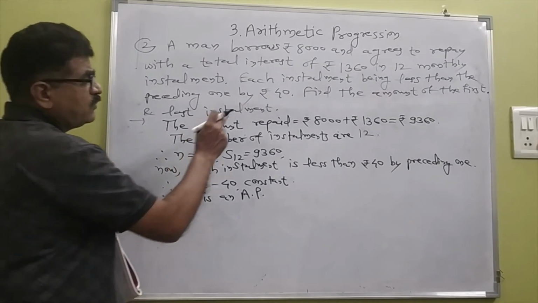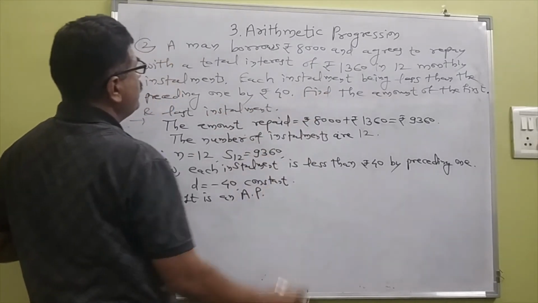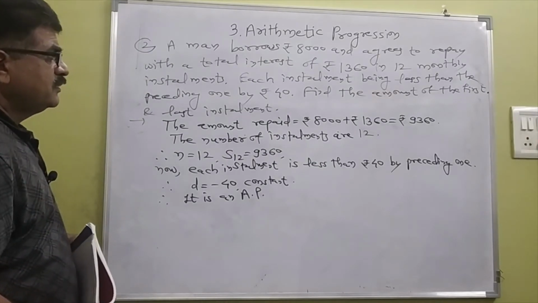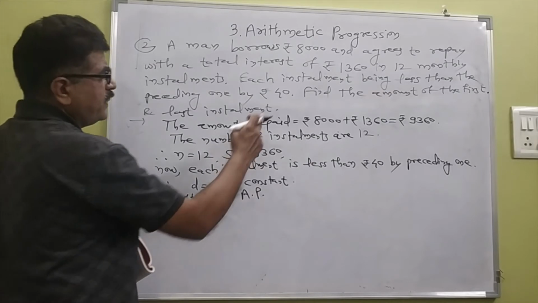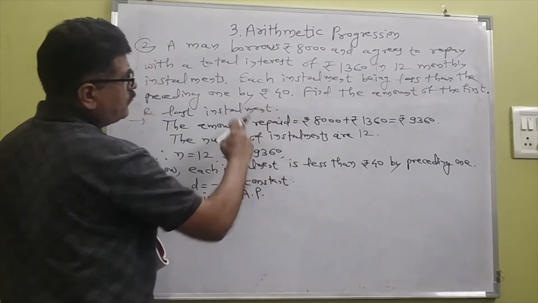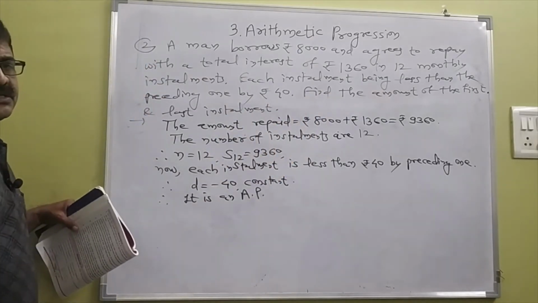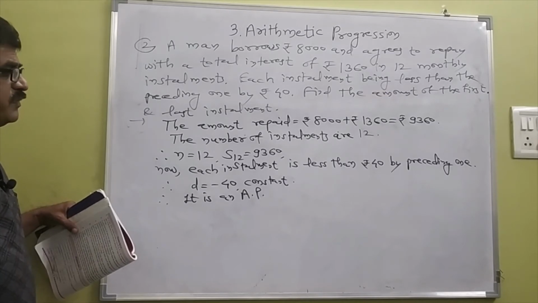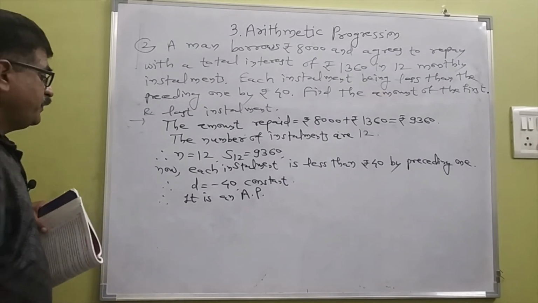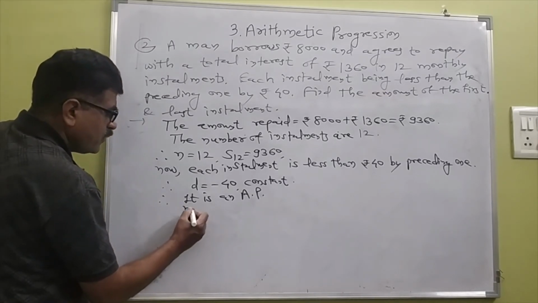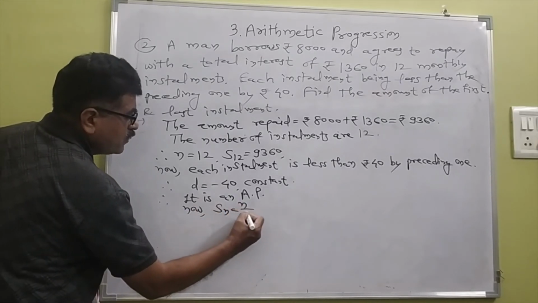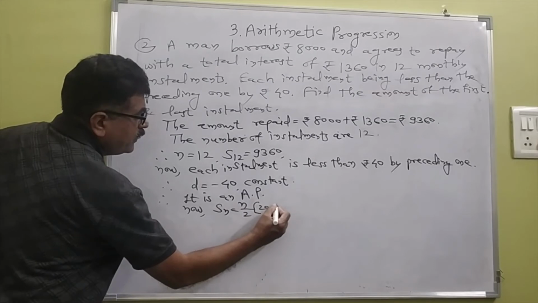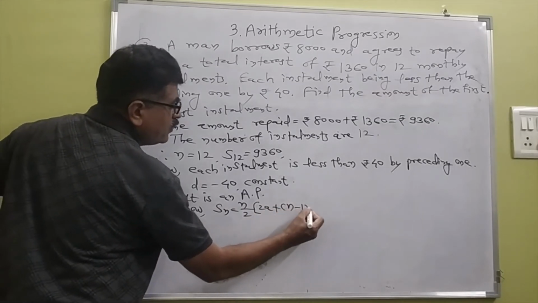Now we have to find the amount of the first installment and the last installment. The first installment is the value of a. Write down the formula Sn is equal to n upon 2 into bracket 2a plus (n minus 1) into d.